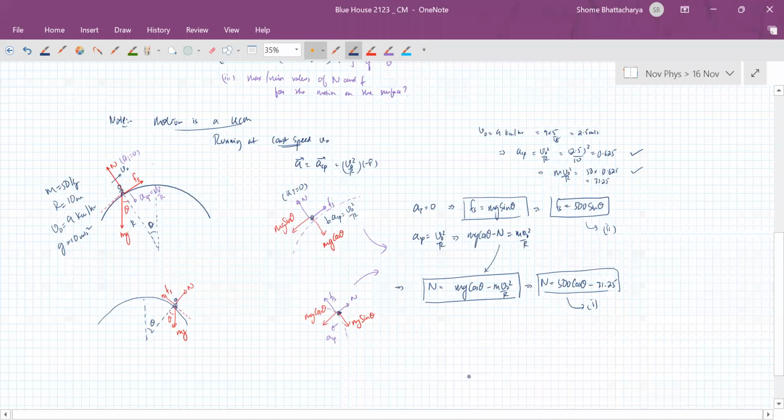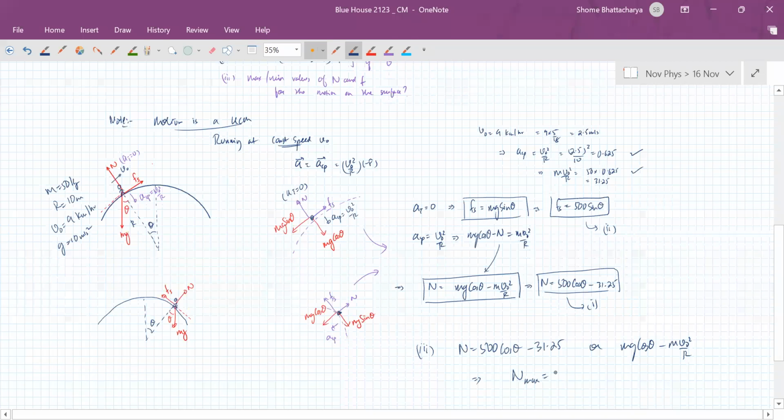From these equations, you can see that N is equal to 500 cos theta minus 31.25, or mg cos theta minus mv naught square by r. So when is N maximum? When cos theta is maximum, that is when it's 1.